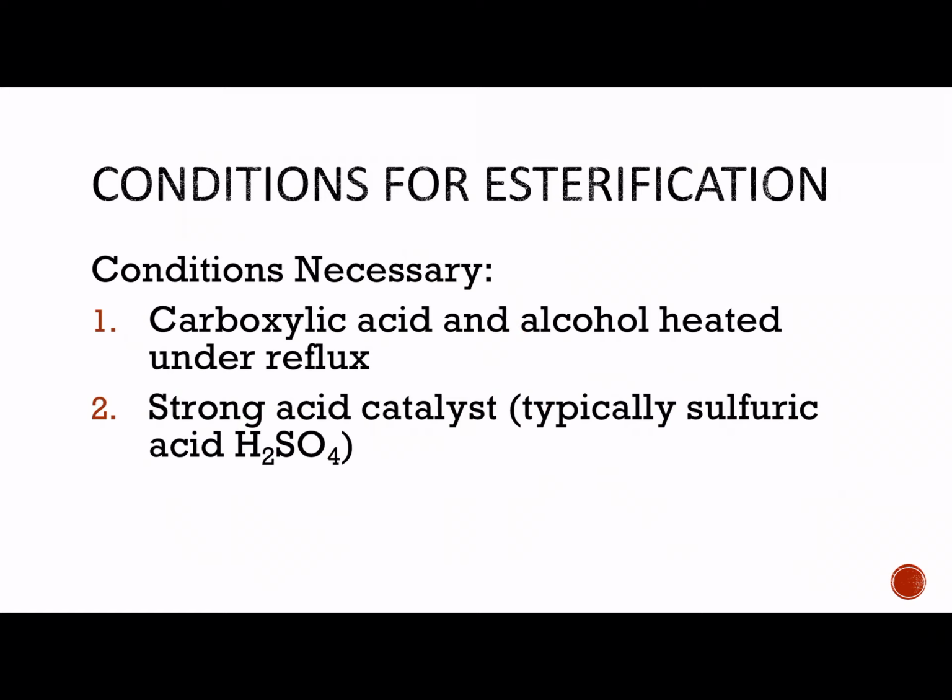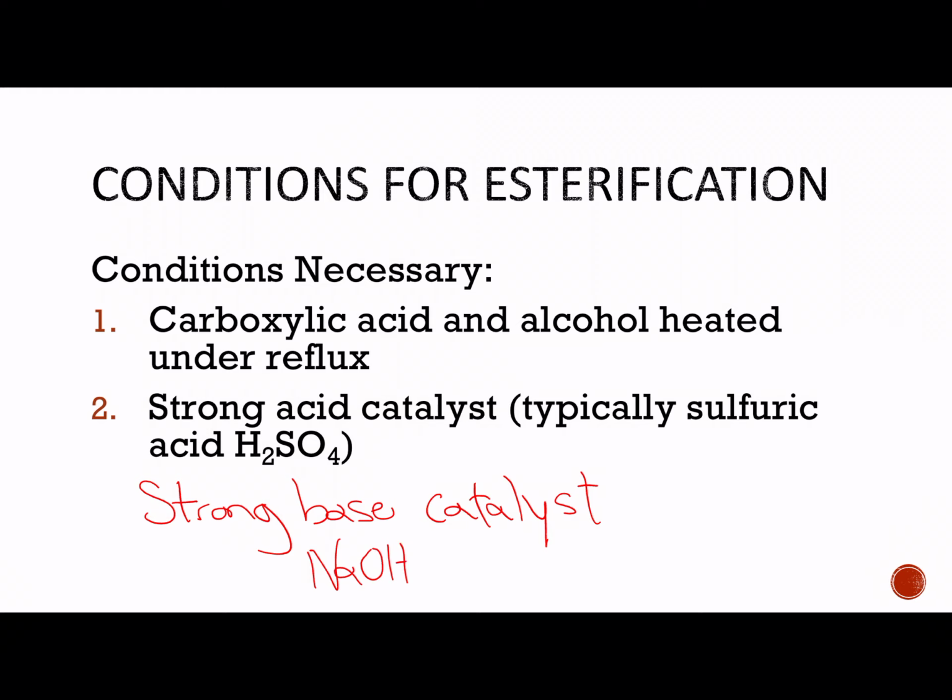It's a carboxylic acid and an alcohol, and it's either a strong acid catalyst or a strong base catalyst. Typically NaOH, but oftentimes in questions they might use KOH as well. Remember, your strong bases from last unit are all group 1A and group 2A hydroxides, except for the top 2 in group 2.